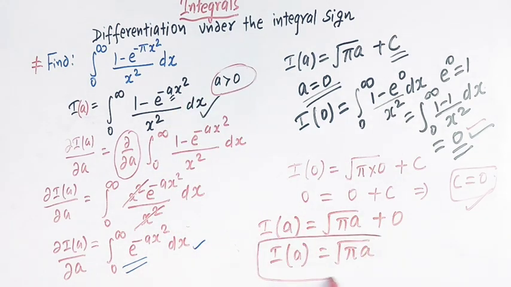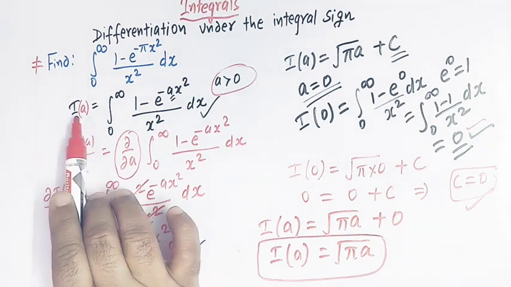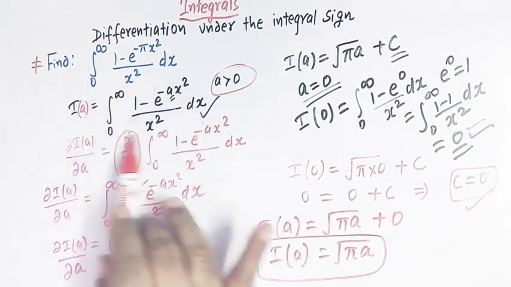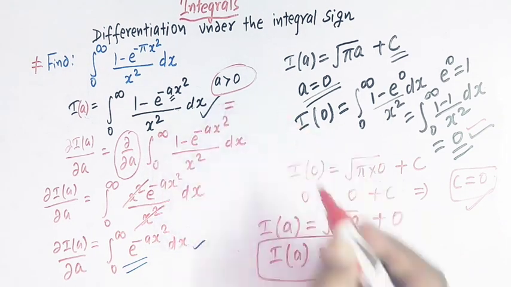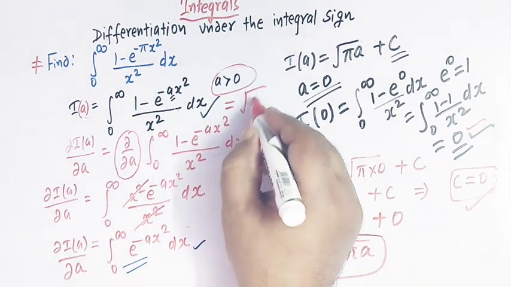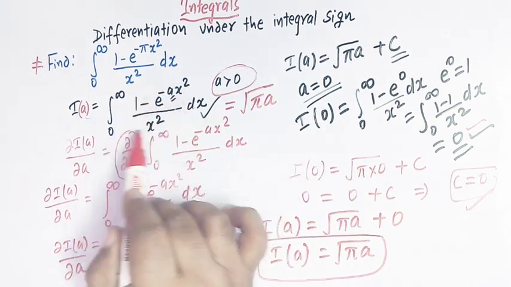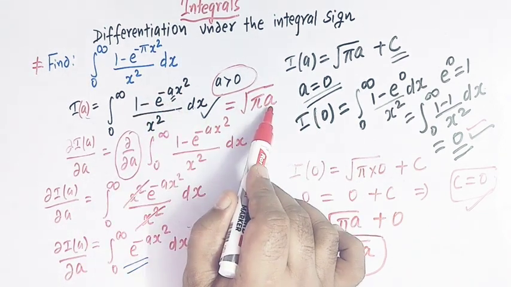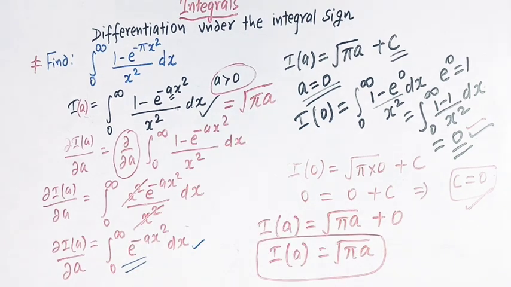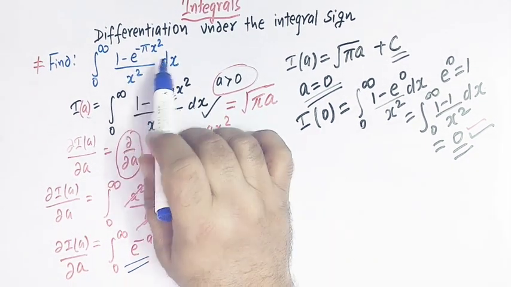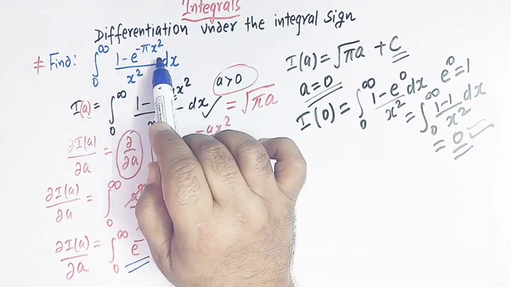So here we have obtained the value of this integral, right? So the value of this integral is equal to square root of pi a, right? So the value of this integral depends on the value of a, right? So now we can easily find out the value of this integral, right?